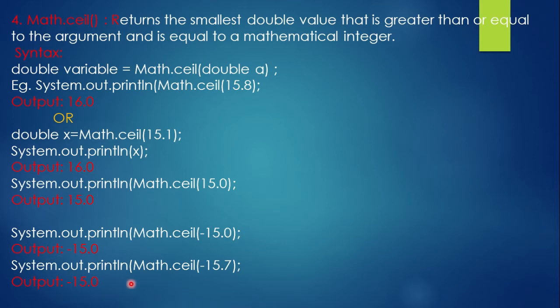When you consider minus 16.0 and minus 15.0, which is the greater value? Minus 15.0 only, not minus 16.0. It won't return a lesser value. It always returns a greater value or equal. So you are going to get minus 15.0. It's very important for you. So for minus values, the answer is a bit tricky. Remember, this particular part is very important.